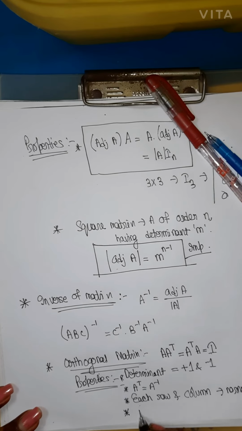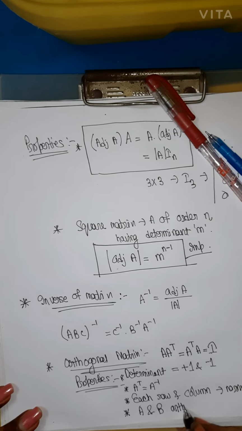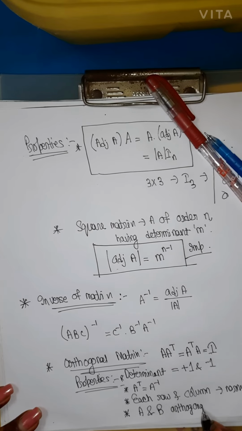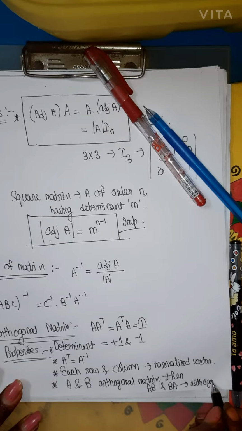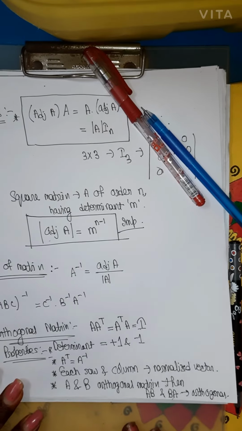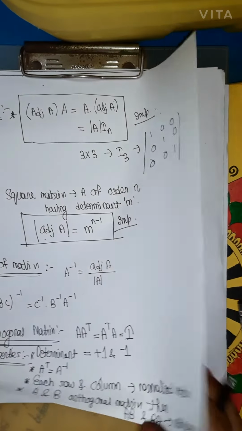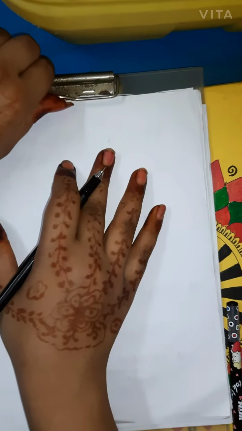If A and B, two different matrices, are orthogonal matrix, then AB and BA will always be orthogonal. Done. Only one topic we will discuss more, that is unitary matrix.